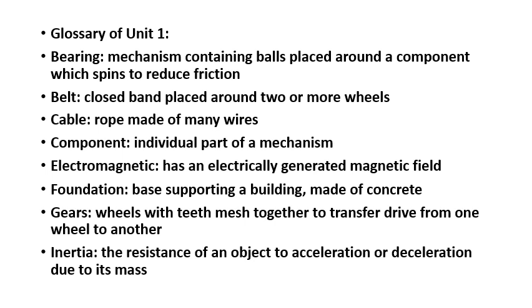Component, individual part of a mechanism. Electromagnetic, has an electrically generated magnetic field. Foundation, base supporting a building made of concrete. Gears, wheels with teeth, mesh together to transfer drive from one wheel to another.